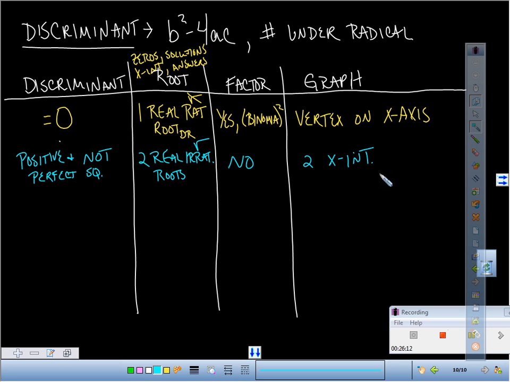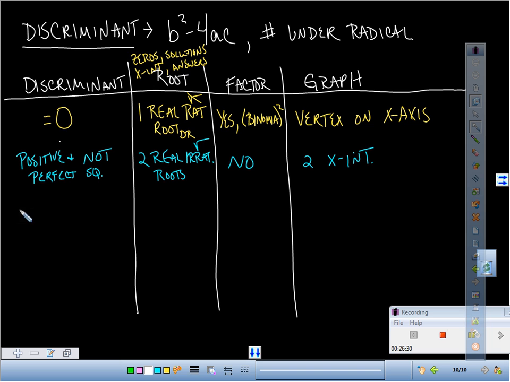So it has two x-intercepts. Okay, anybody got a question? Everybody okay? So if it's positive and a non-perfect square, it's going to be that.